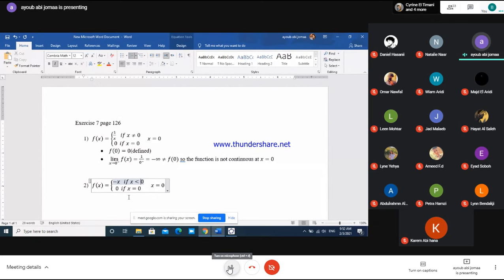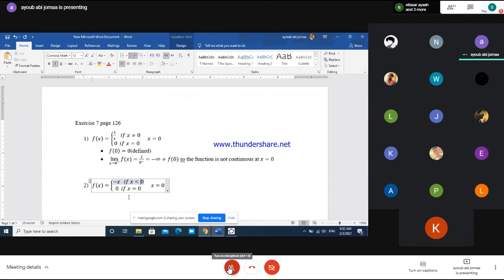You are given the value of this x0 in the exercise. F of x equal to whatever, at x0 equal to 0. It means you have to study the continuity at 0. In part 3, for example, study the continuity at 1. In part 4, study the continuity at 3.